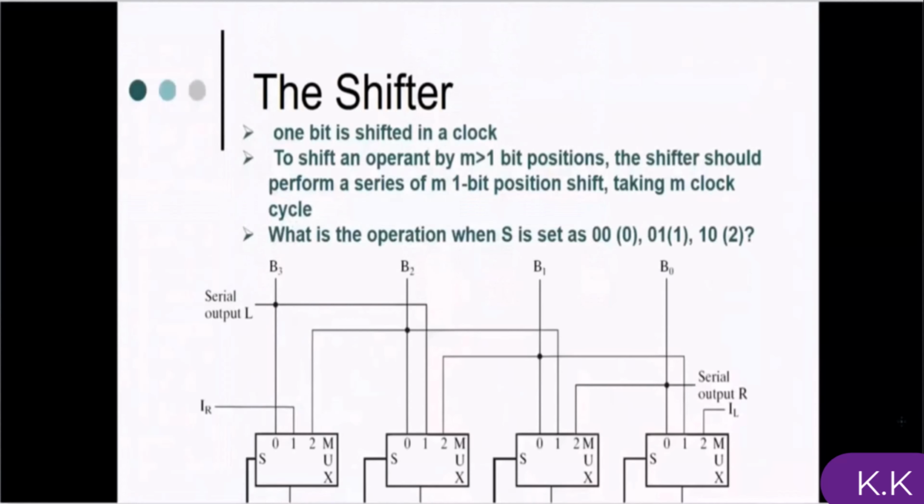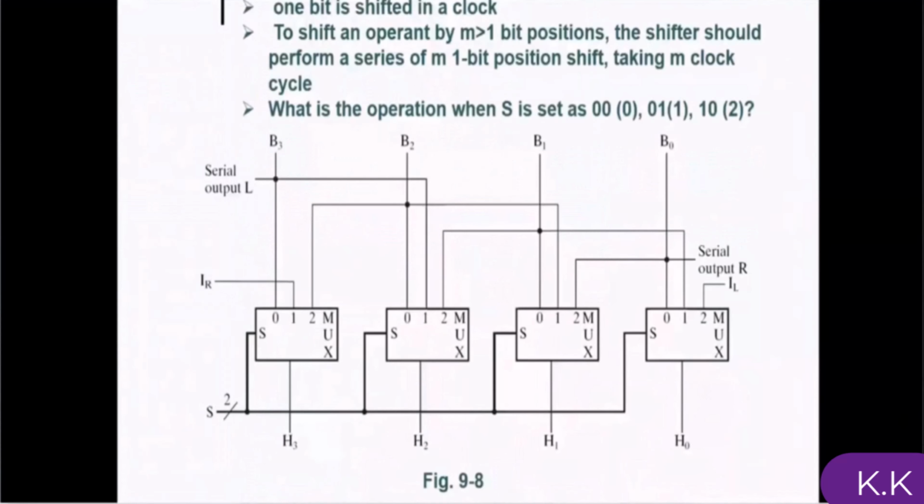If they are 0, 0, the output is AND, and if they are 0, 1, the output is OR, and if they are 1, 0, the output is XOR, and if it is 1, 1, the output is NOT. So for all of these, S2 is 1. For all of this part, S2 is 0.